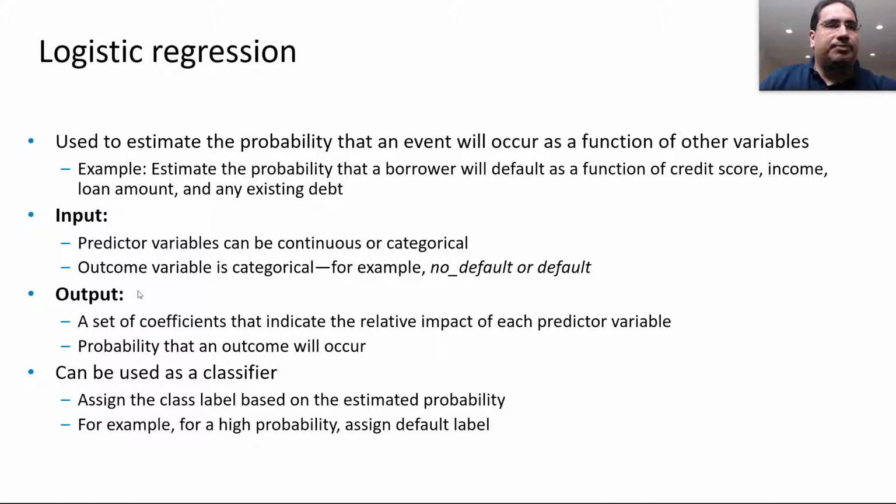So the output is by default the probability score, and it will also give you a set of coefficients that tell you the impact of each input variable on the output variable. It can be used as a classifier, so you could assign a class label to each of the probability scores given at the output. For example, a high probability of default will lead to a default label.